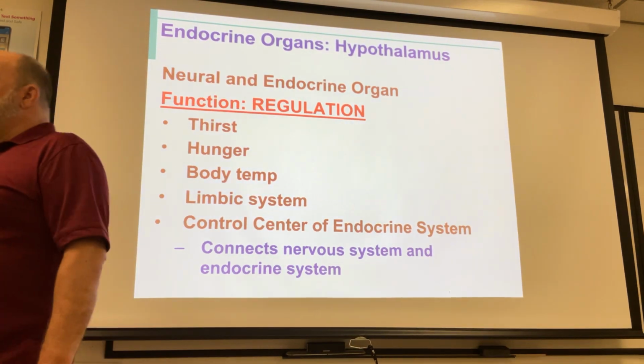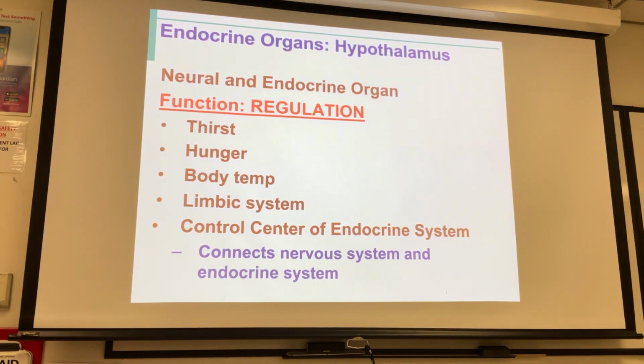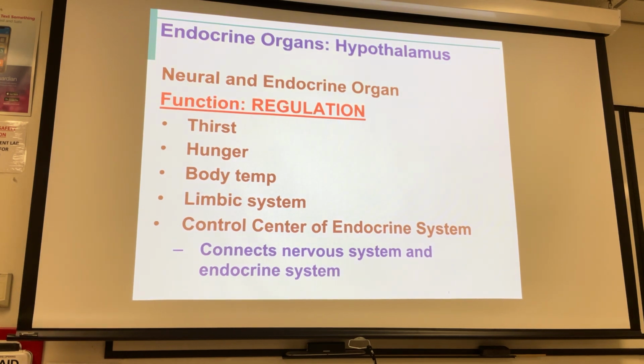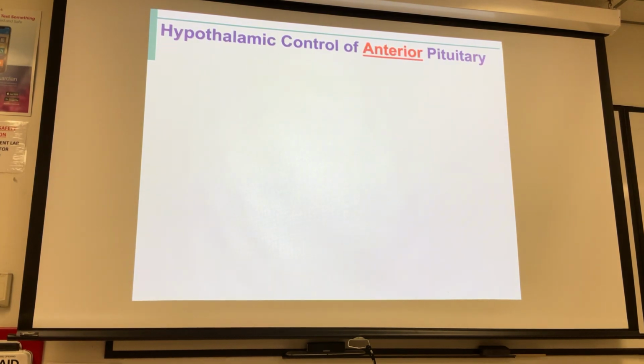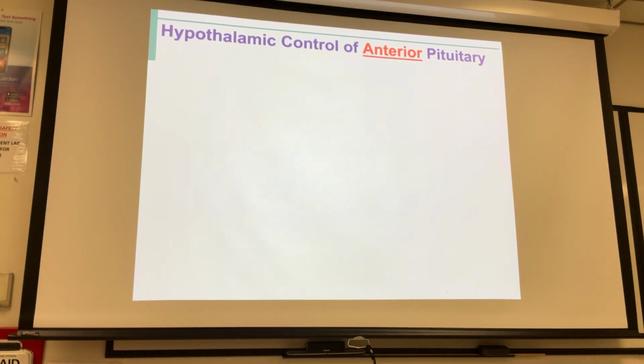And because it is a combo neural endocrine organ, it connects the nervous system and the endocrine system together so that our two lines of communication work together. So it is the hypothalamus that controls the pituitary gland. But as we mentioned, both sides of the pituitary gland are made of different tissues, so they need to be controlled differently.